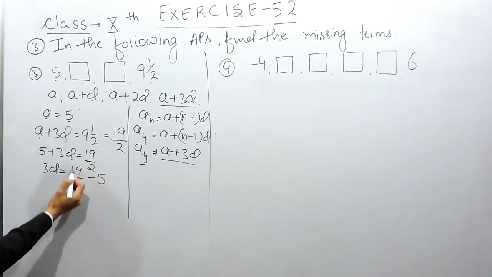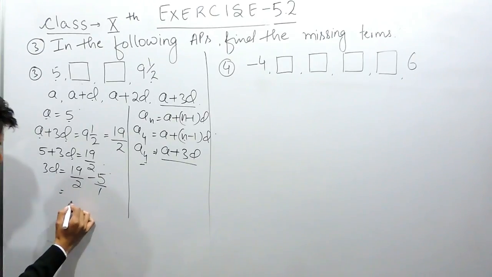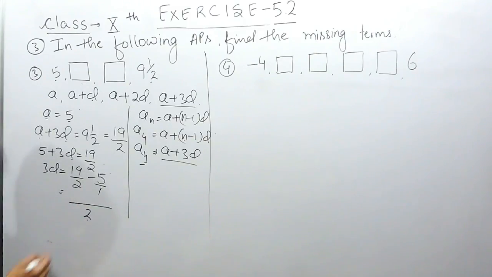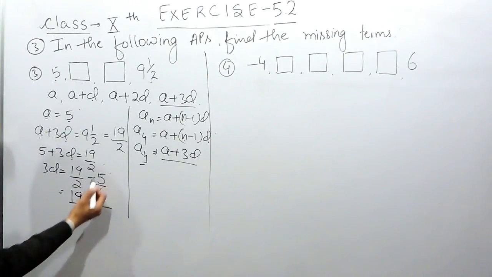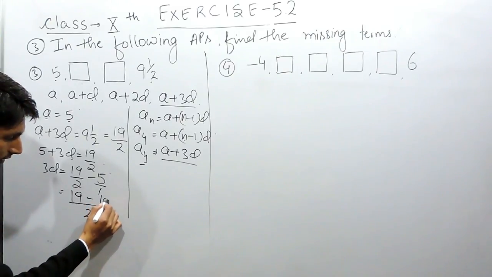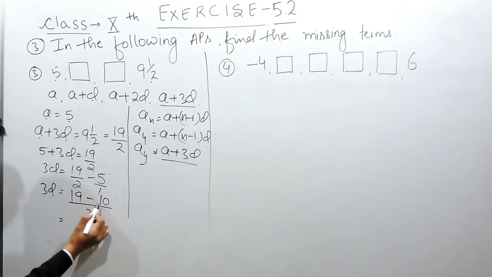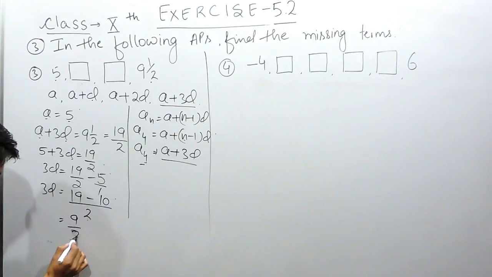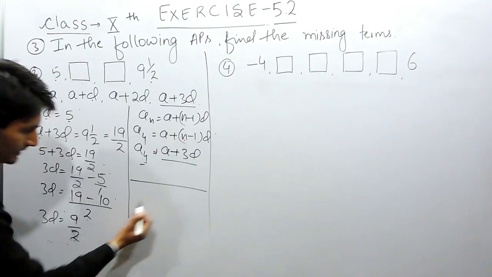Whenever there is a fraction, we have to take the LCM, and the LCM of 2 and 1 is 2. 2 divided by 2, the quotient is 1, and 1 multiplied by 19 is 19. Now 2 divided by 1, the quotient is 2, and 2 multiplied by 5 is 10. Further solving this, 19 minus 10 is 9 by 2, equals 3D.